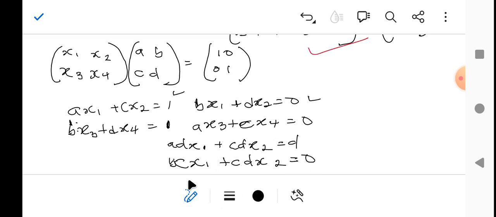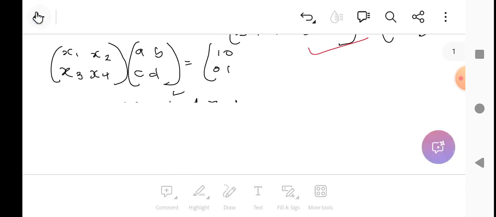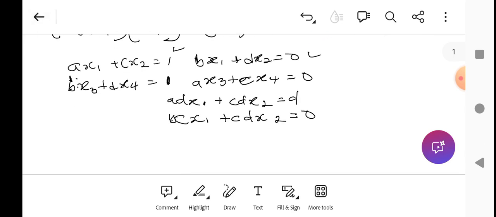Why are we doing this? We want to factor out x1 and x2 at the end of the day so that we can get a solution for them. And then similarly we are going to do it for the second equation, right? So these two equations, now if I decide to subtract the second equation from the first one, let me write it properly.